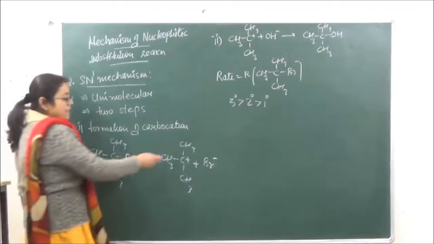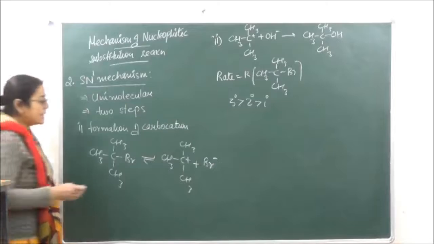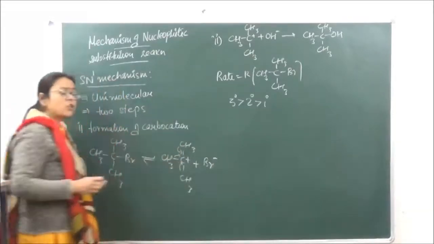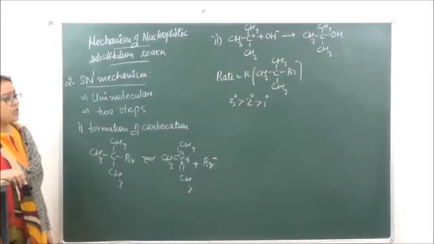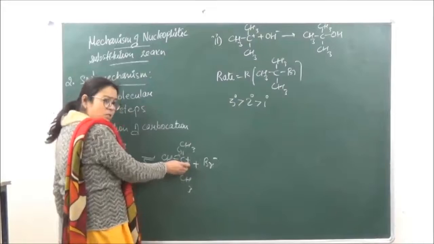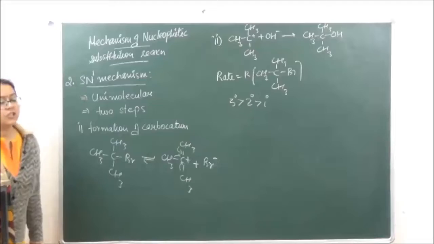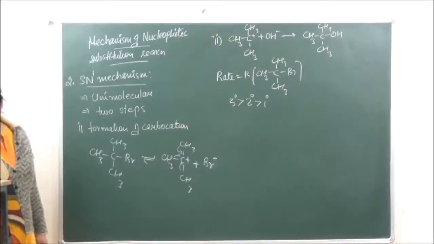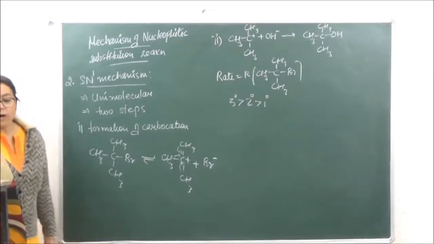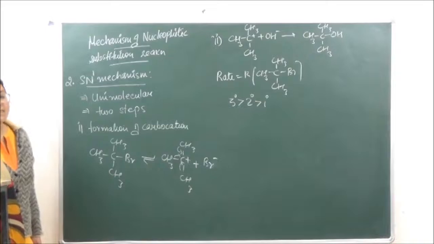The reason behind that is that there are 3 alkyl groups present over here, and these 3 alkyl groups have a tendency to release electrons on the carbon atom bearing the positive charge. So when it is releasing the electrons, it is neutralizing the positive charge over here, as a result of which it is making this tertiary carbocation most stable. Okay? So the more stable the carbocation, the more susceptibility towards the SN1 mechanism.